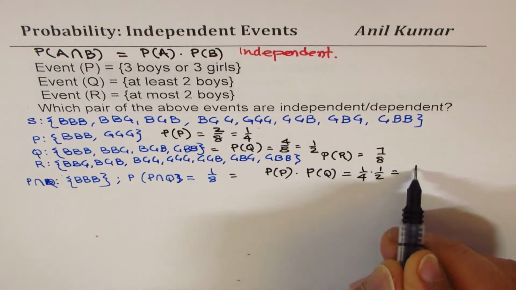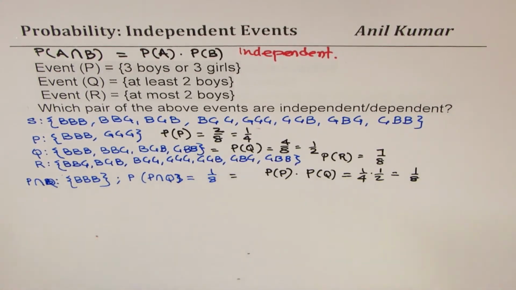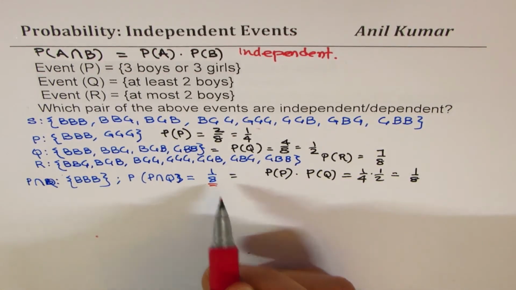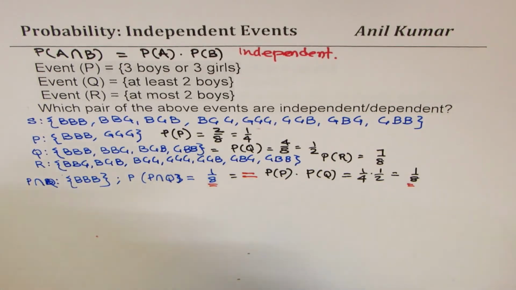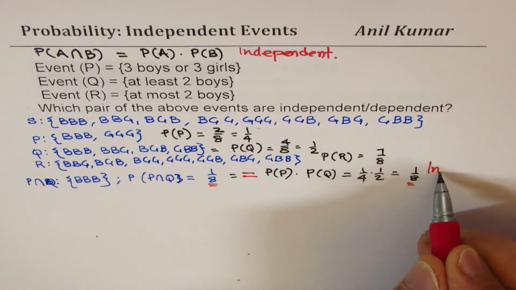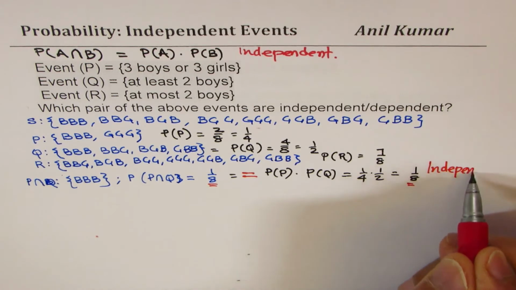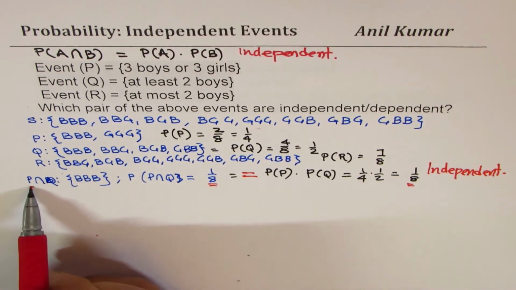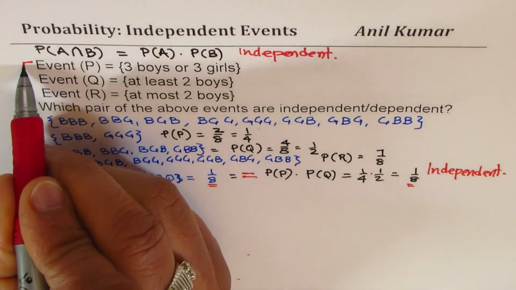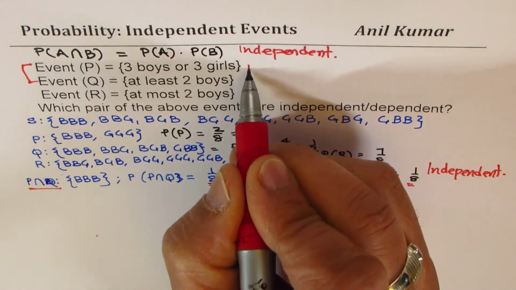So when you multiply, you do get 1 over 8. So they are equal. Is that okay? So what we get here is they are equal. 1 over 8 and 1 over 8. So these are equal. And therefore, this particular event is independent. Is that clear? So P and Q, this combination is independent.